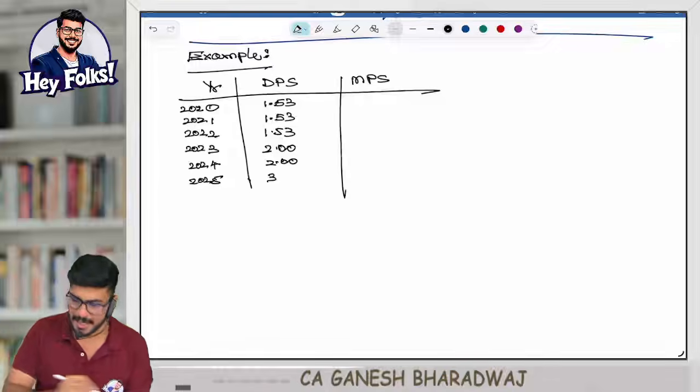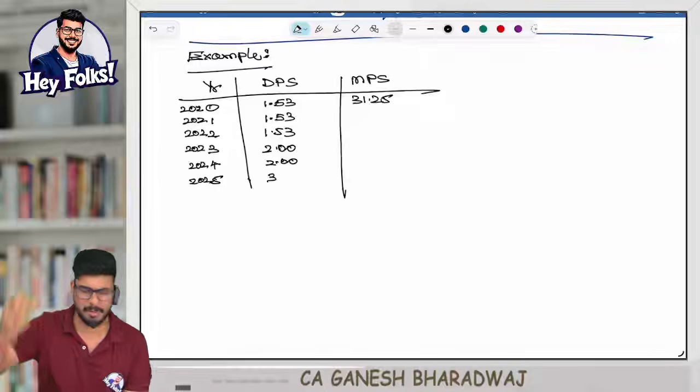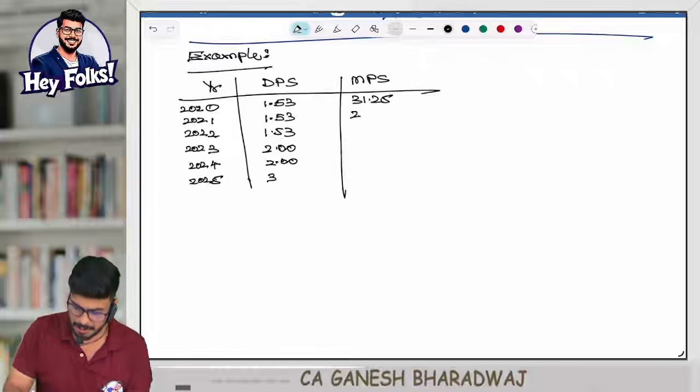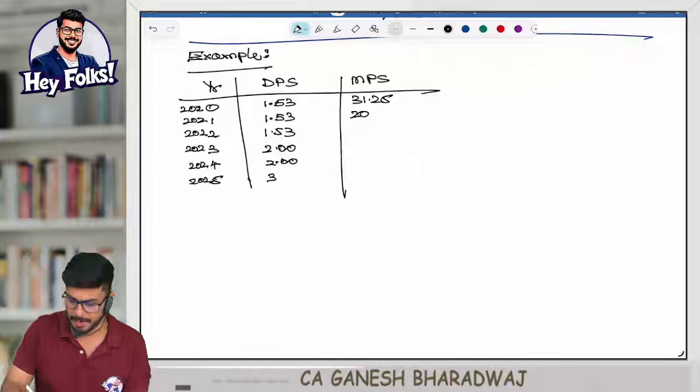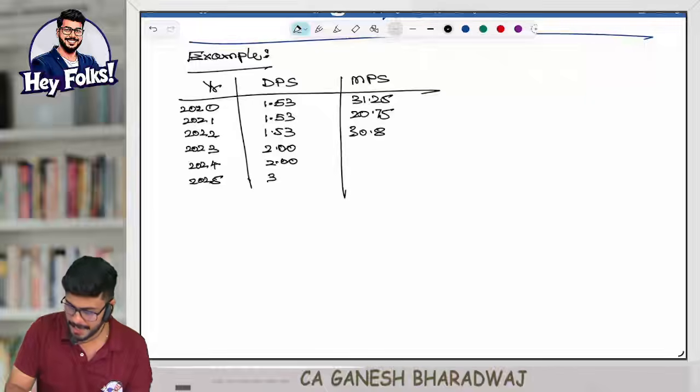Then market price per share, MPS. Take this. It's 31.25. I took it from a very old source, long back. Earlier it was there in the study material. I don't know why they removed it. Anyways, 20.75, 30.88, 67, 100, and 150.